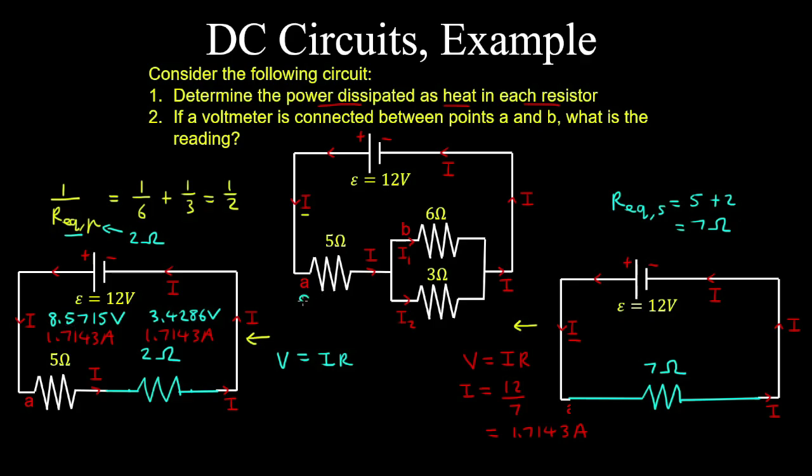So therefore, we now have the voltage drop across the first resistor and across the second set of parallel resistors, which we treated as an equivalent resistor. So that will be 3.4286 volts across each of those resistors, because they're in parallel. And we have the current through the left resistor, which is 1.7143 amps.